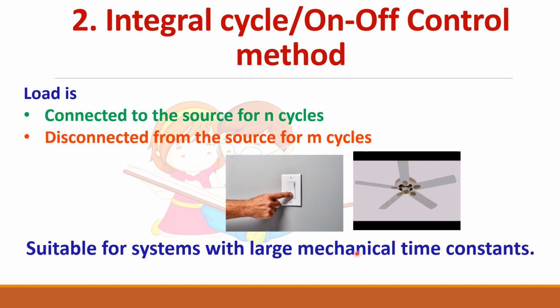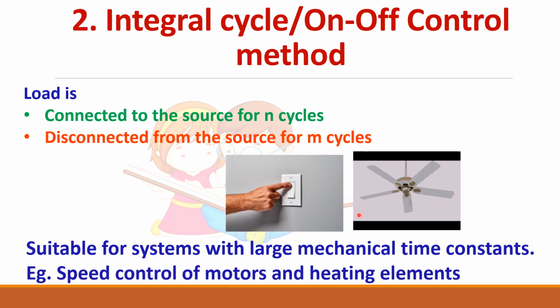Even if you turn off, the machine continues to rotate. And before it stops, we can turn on again. So it keeps on rotating. This type of control is employed in speed control of motors and heating elements which have a large mechanical time constant or thermal time constant.